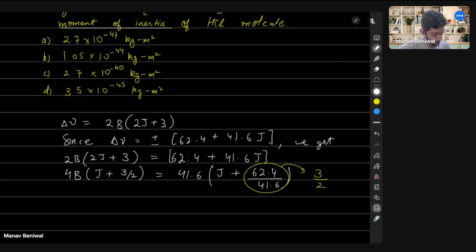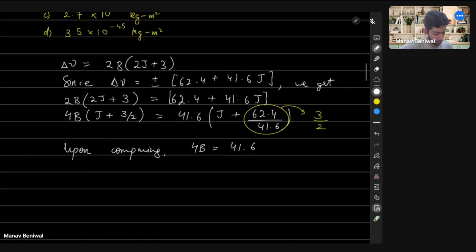Therefore, on comparison, upon comparing, what we get is that 4b is nothing but 41.6, and this implies b is equal to, so this will become 110.4, I think, yeah.